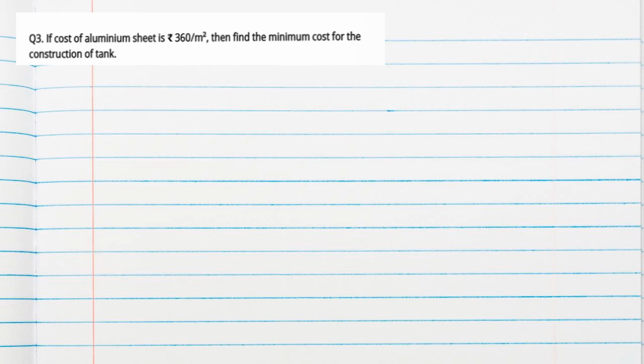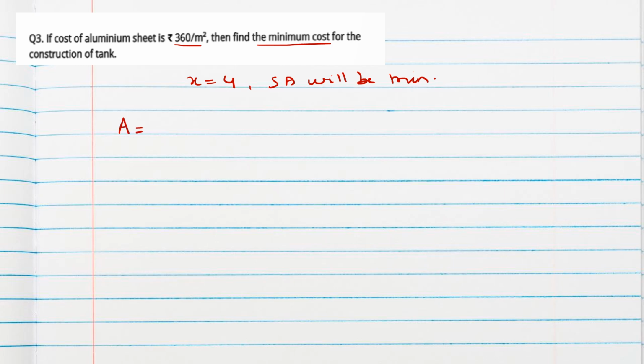Now question number 3 in this case study says, if cost of aluminium sheet is 360 rupees per meter square, then find the minimum cost. Okay, so actually what we have found that at x equal to 4, surface area will be minimum. Okay, so what is the surface area formula?